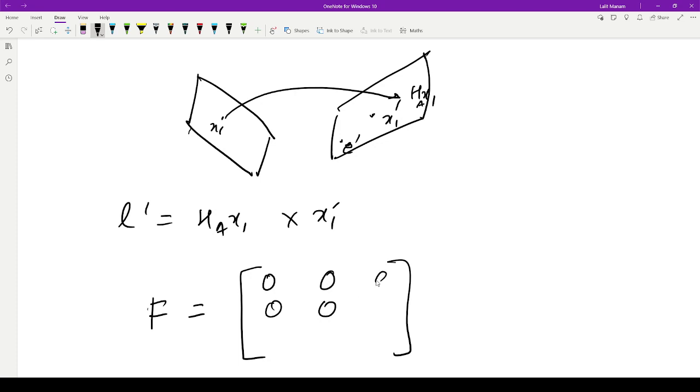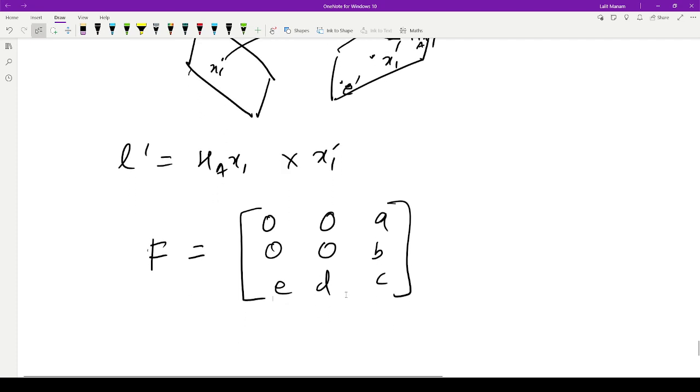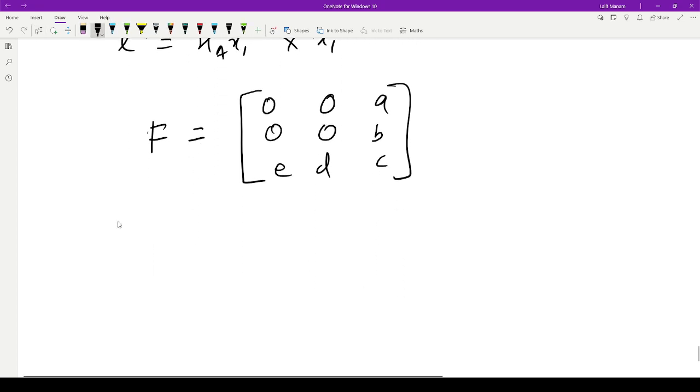It depends on what property you follow. It's written like this in the notes, so I'll follow that. Any information that we have with this matrix? How do we find the epipole of a matrix? F times E is 0, right? E is the left epipole.